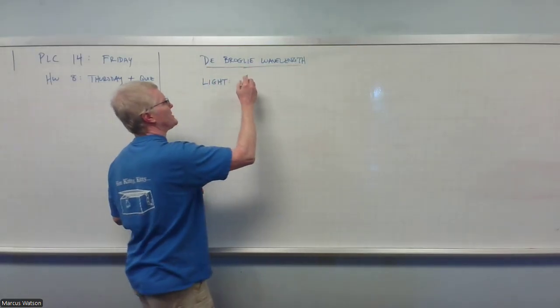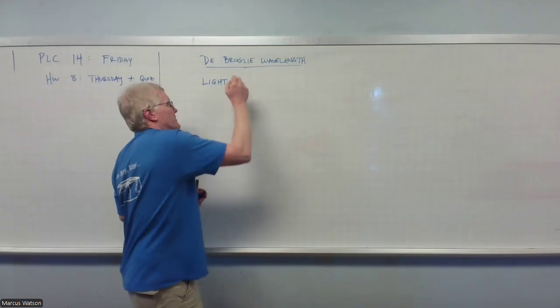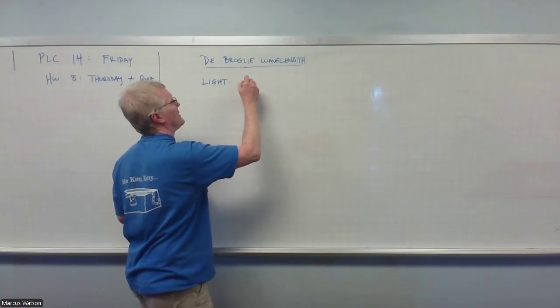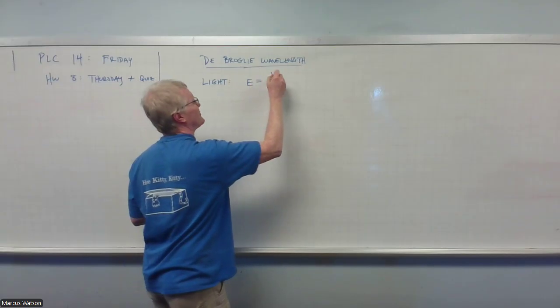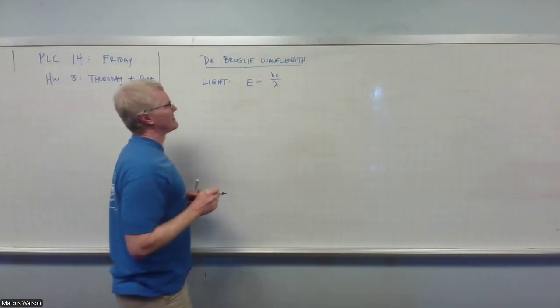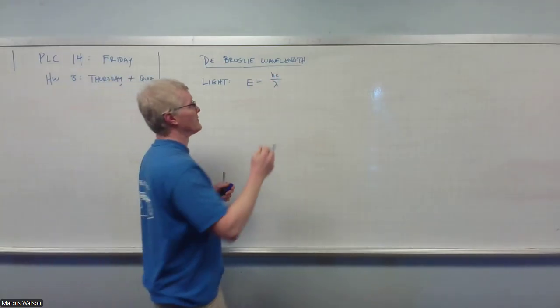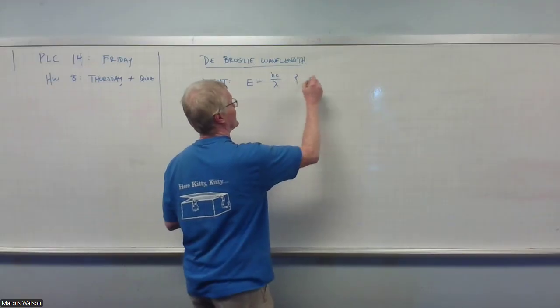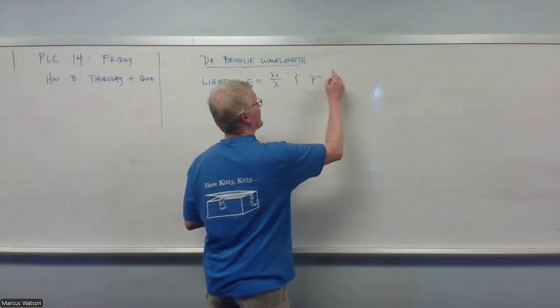Light has an energy momentum relationship in which the energy is hc over lambda, and therefore the momentum of the light is h over lambda.